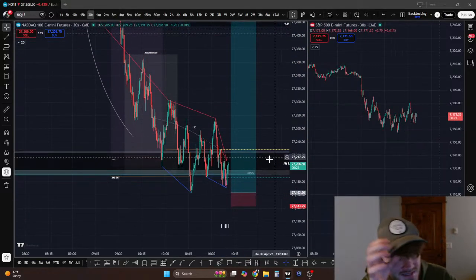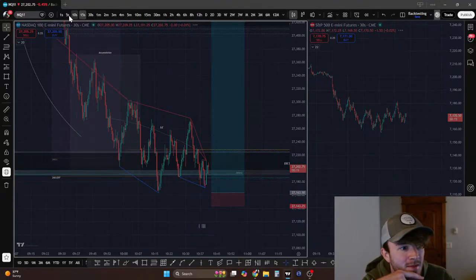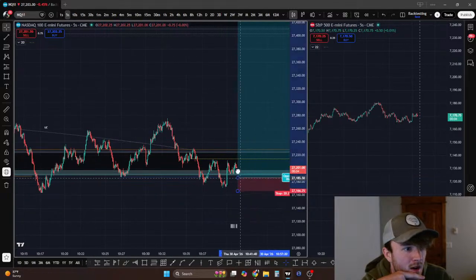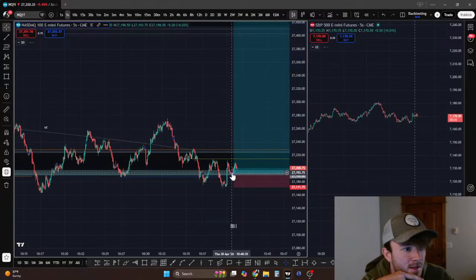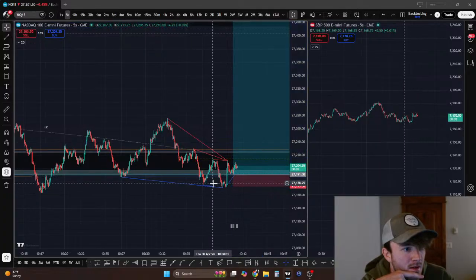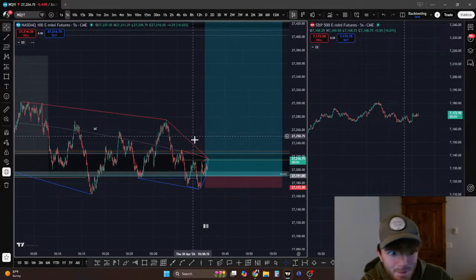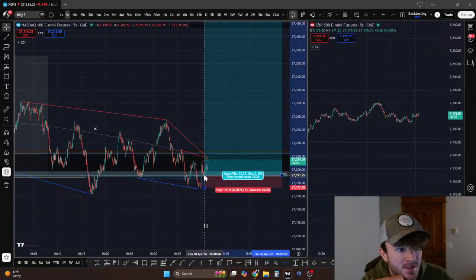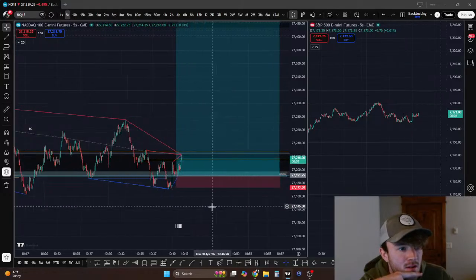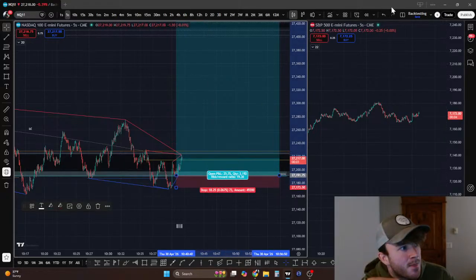Which is crazy. Or we might just react off this new day opening gap here. Oh, yeah. Seems like we're going to. So this is another shadow model here. Might just wait though.